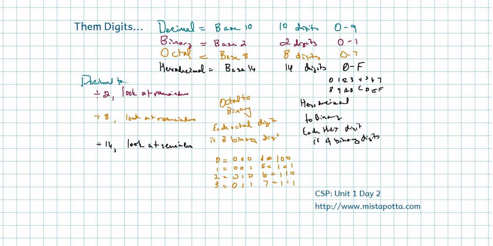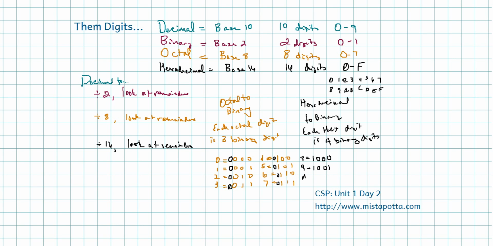So I could think of 0 really being 0, 0, 0, 0. 1 is really 0, 0, 0, 1. In other words, I could put a 0 in front of all of these octal digits because none of these add up to 8. It's only when we actually reach 8 and say, well, that's an 8, no 4s, no 2s, no 1s. Or a 9 is really an 8, no 4s, no 2s, and a 1.